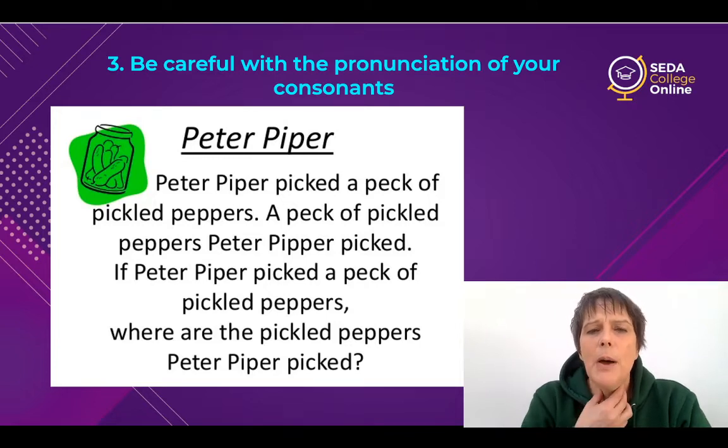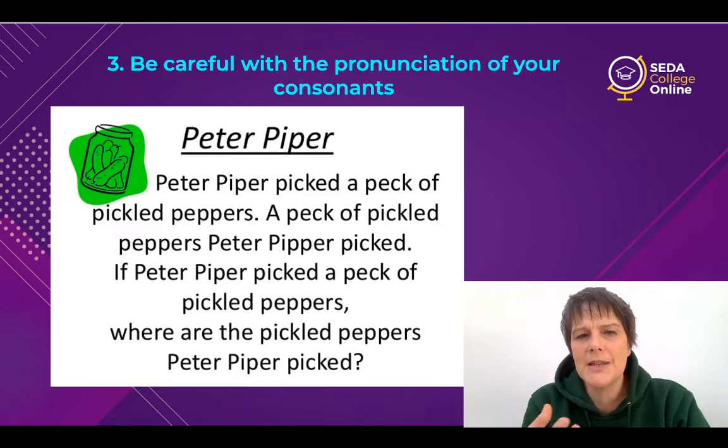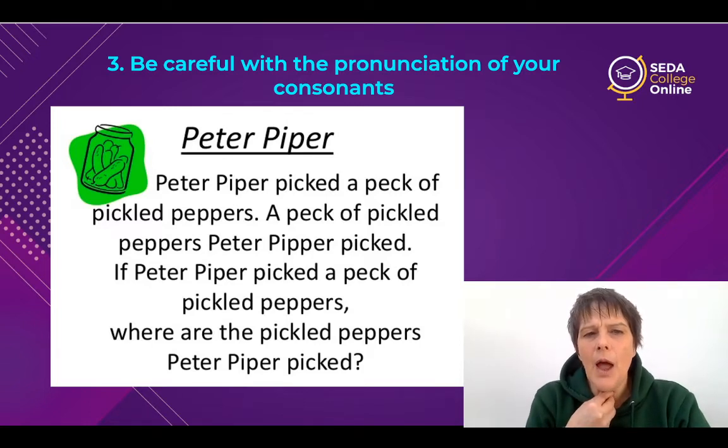So that P sound is not aspirated. So P and B. If you go P like that, you can hear that the P comes out without a kind of a hit on it. Whereas if you go B, then you can feel B, P, P, B. With the B, you actually close the sound in and then it explodes out of your windpipe, whereas the P just comes out gently.